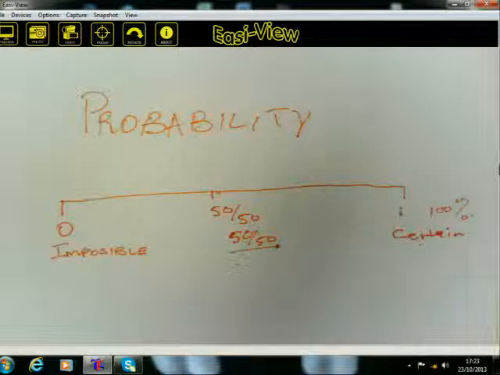Probability is a study of chance, or of something happening. Now let's have a look at this one. I said to you, the probability of raining tomorrow. How can we write it? Probability of me being a president.